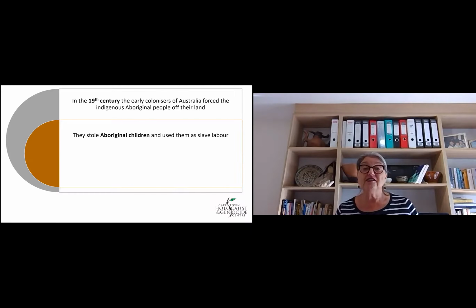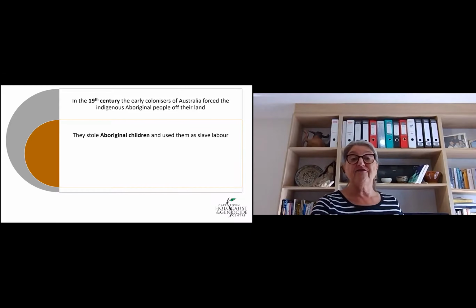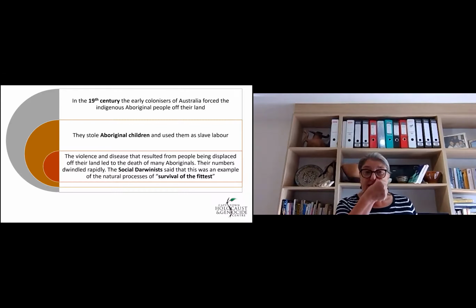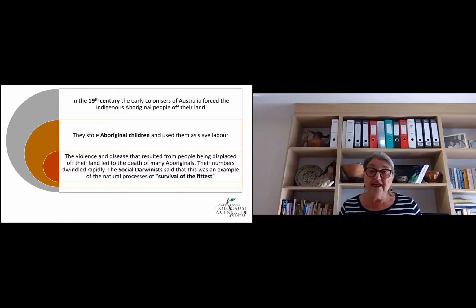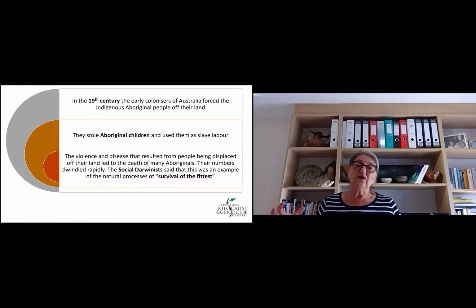The colonizers stole Aboriginal children and used them as slave labor, and they did these things with violence. They put people into compounds, which led to diseases from people being displaced off their land. So many Aboriginals died and their numbers dwindled very rapidly.